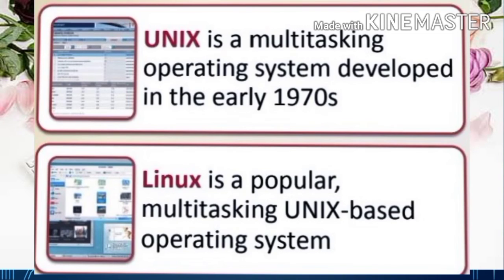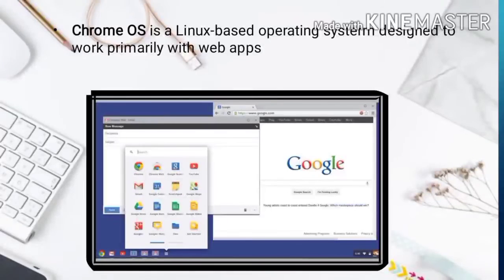Chrome OS, a Linux-based operating system designed to work primarily with web apps. Chrome OS, for example, is a Gentoo Linux-based operating system designed by Google. It is derived from the free software Chromium OS and uses the Google Chrome web browser as its principal user interface.